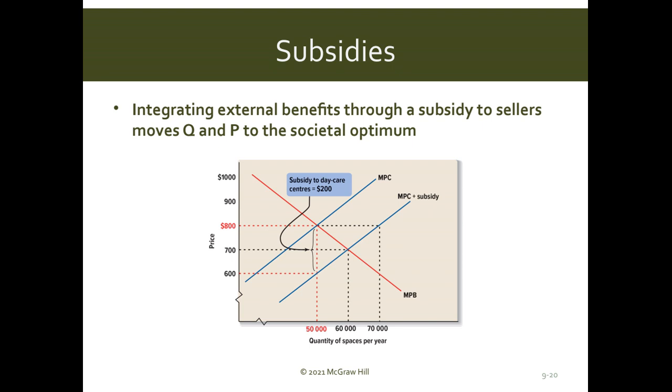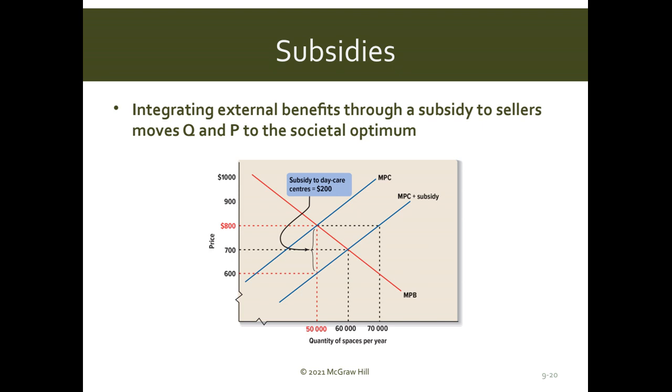Suppose this activity has external benefits of the amount of $200. Now this time, the government is giving a subsidy to sellers, not to buyers. What would happen?